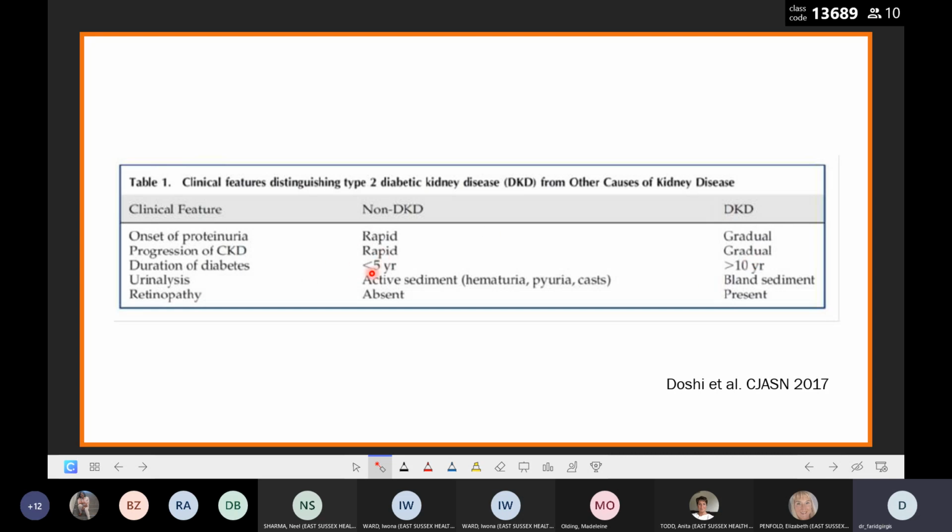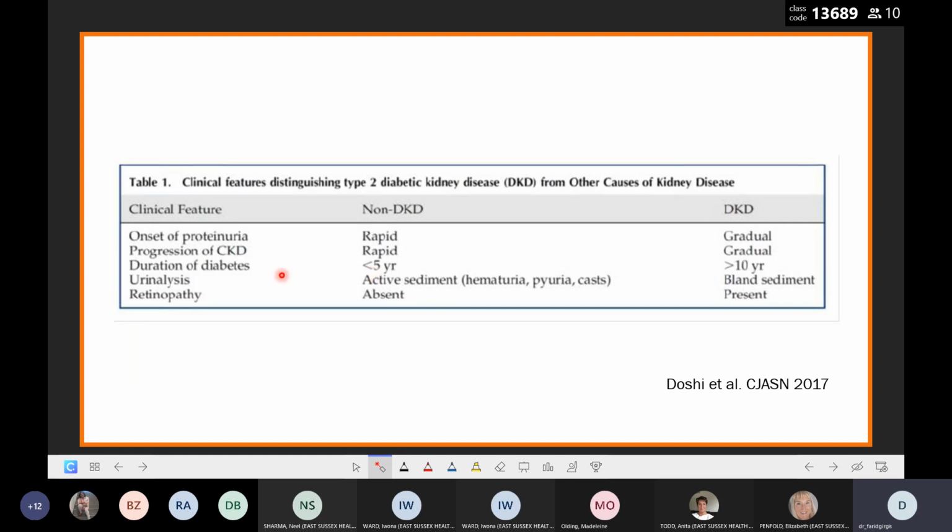Okay. Duration of diabetes. Usually it is less likely for diabetic nephropathy to happen in a patient with diabetes less than 5 years. Usually it starts to happen between 5 to 10 years after diagnosis, except on certain occasions, if the patient had diabetes previously but not diagnosed for a few years.